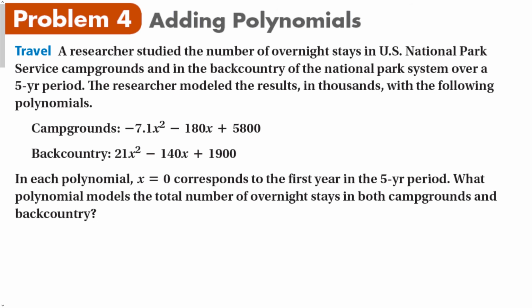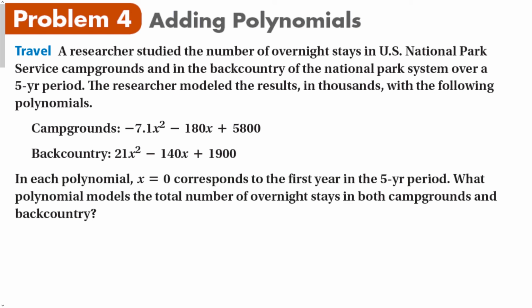We can add polynomials by adding the like terms, and I think we've seen this a little bit, but when we add complex polynomials, sometimes they're going to have more than one thing that goes together. And we'll put it together in a nice word problem here. So a researcher studied the number of overnight stays in U.S. National Park Service campgrounds and in the backcountry of the national park system over a 5-year period.